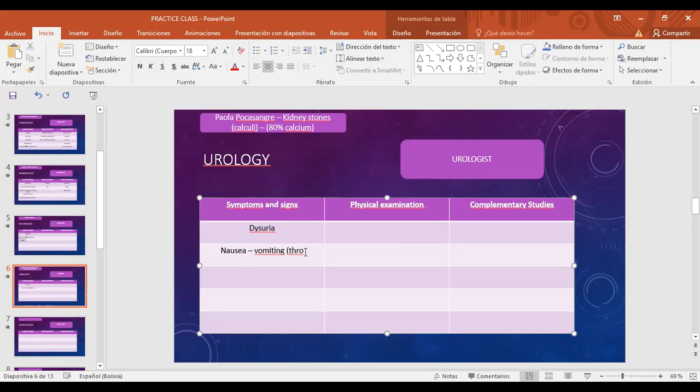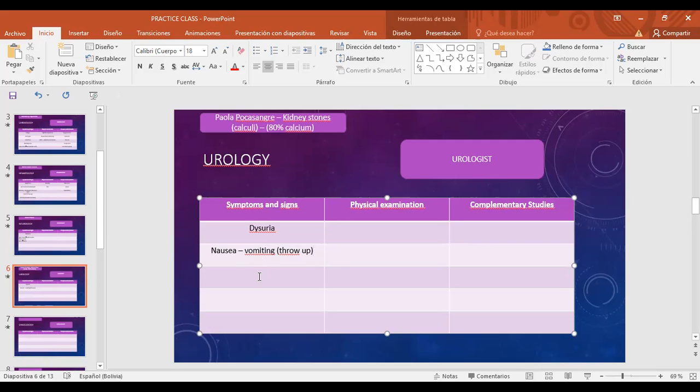What's missing here? Throw... throwing? Throw up. Yes, when a person throws up, they are vomiting.